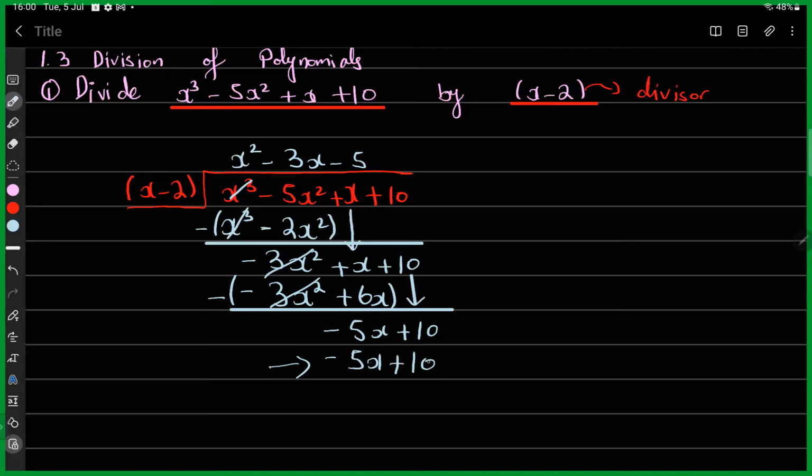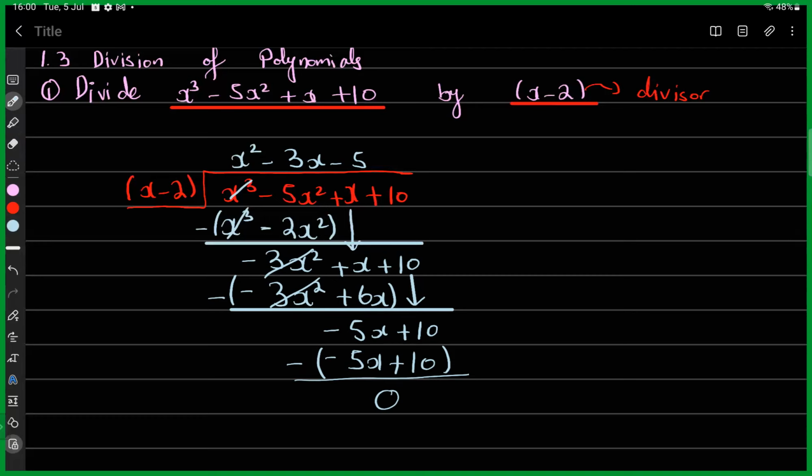And finally, when I will take the difference, I would get 0 as the remainder. So this means that when we will divide x cubed minus 5x squared plus x plus 10 by x minus 2, the quotient would be x squared minus 3x minus 5.